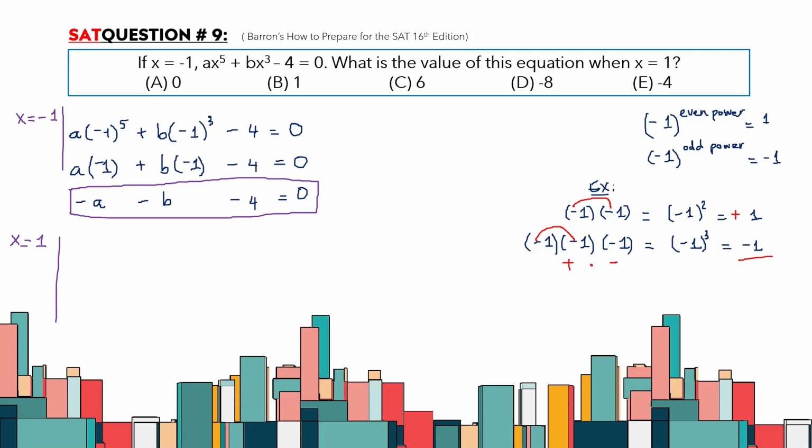We have a times x to the 5th plus b x to the 3rd minus 4. We want to know what this one is equal to.